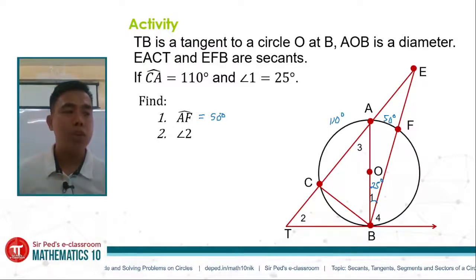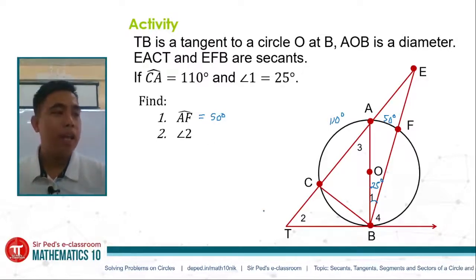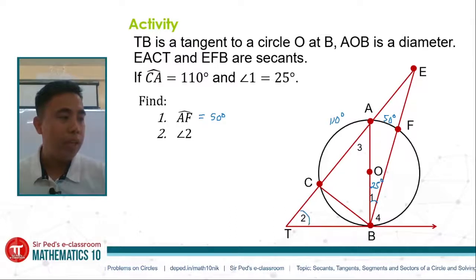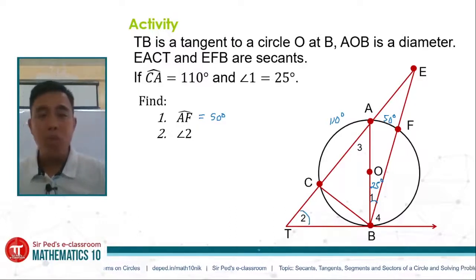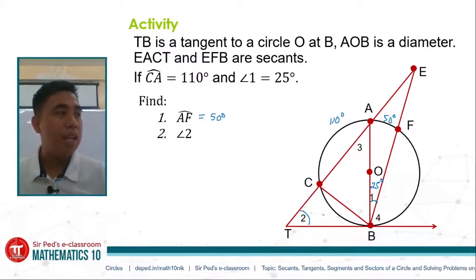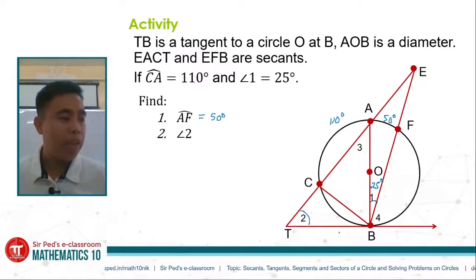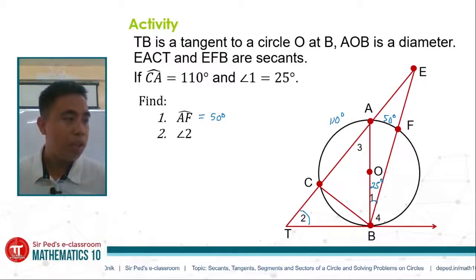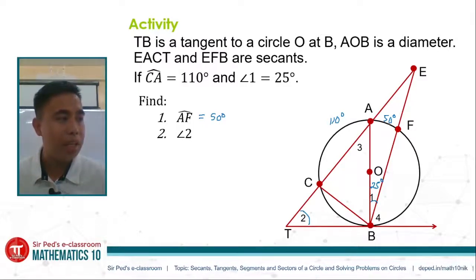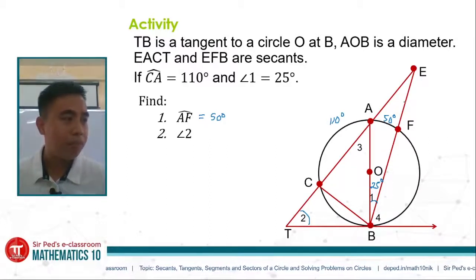Next, number 2. Angle 2. We are going to find angle 2. Angle 2 is formed by a secant, this secant, and a tangent. So, we're going to measure this one. Take note that this is equal to 180. This is a semicircle. Why? Because this is a diameter.